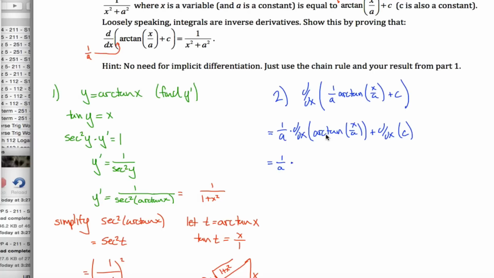It's asking me the derivative of arctangent of x over a. So playing the role of this x right here is this x over a. I got 1 divided by 1 plus, and instead of x squared, I got x over a squared. But then I'm not done. I still have to multiply that by the derivative of x over a, the inside layer of my chain rule right here. And then you still got this derivative of the constant out here.